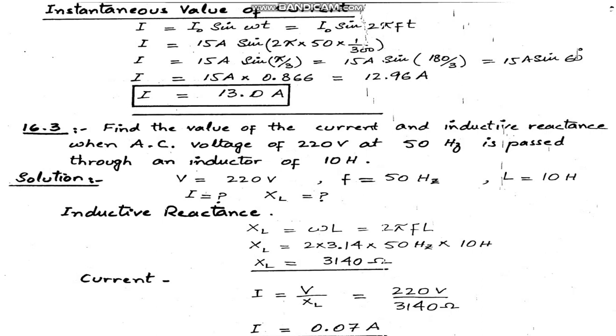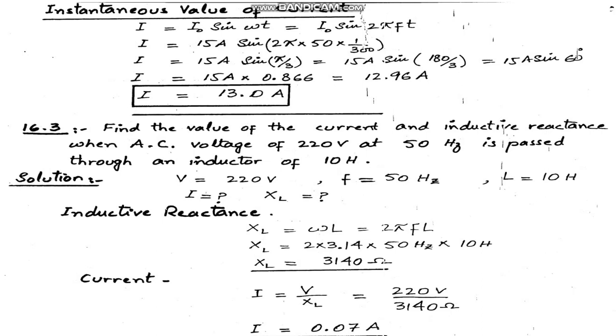So XL is equal to 2 pi f L. We put all the values in here. 2 pi, that is 3.14, multiplied by frequency, that is 50 Hz, and inductor, that is 10 H. After multiplying, we get the value of inductive reactance XL is equal to 3140 ohm.